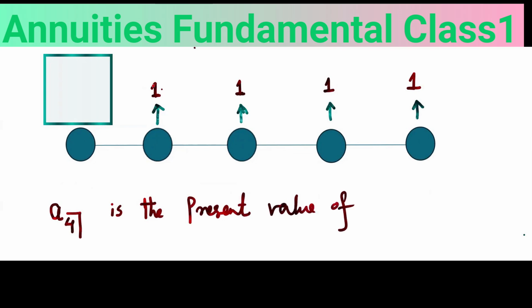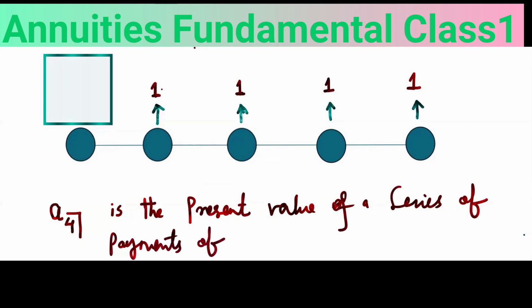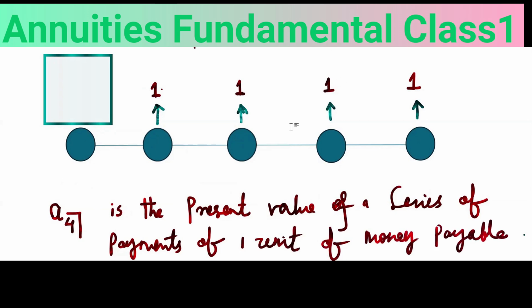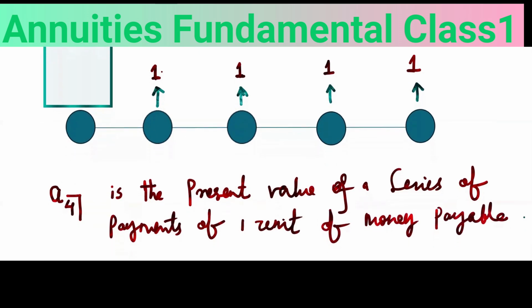You can write it as the present value of a series of payments of 1 unit of money payable at the end of each year for n years.